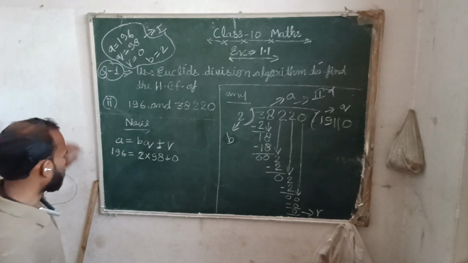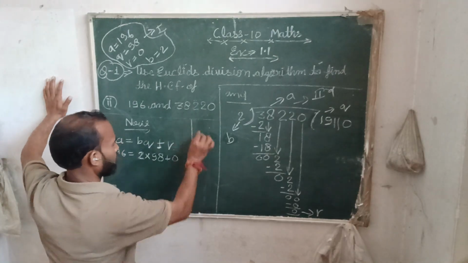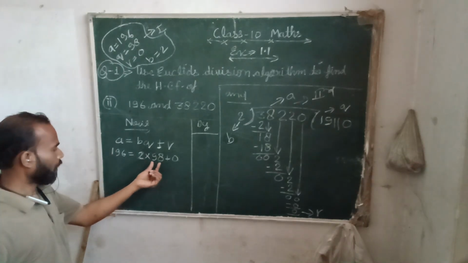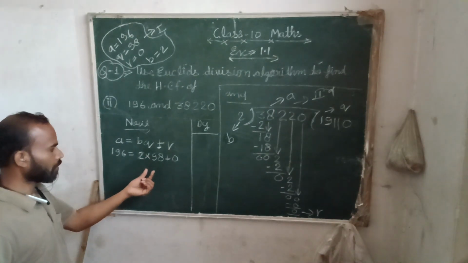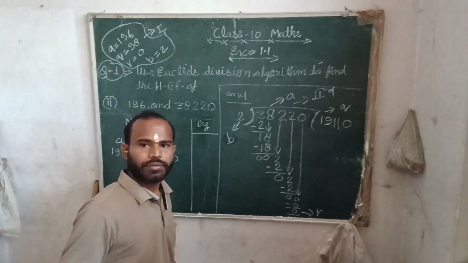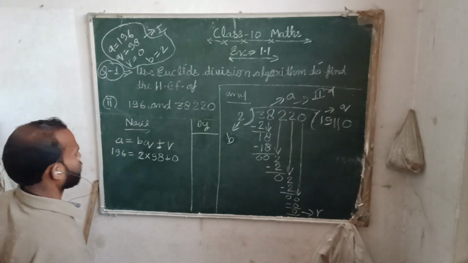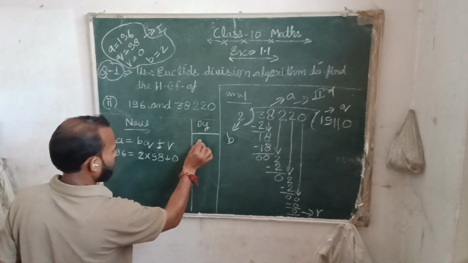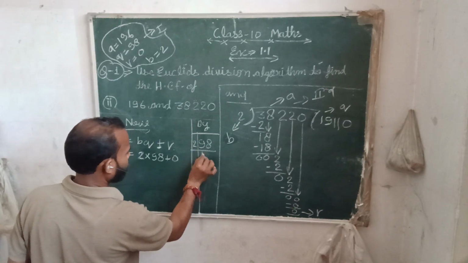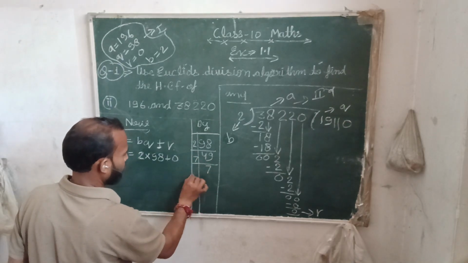So I do here: find the factors of 98 using LCM, both factorizations, and match pairs to find the HCF. Factors of 98: 2 fours are 8, remains 1, 2 nines are 18, 7 sevens are 49, 7 ones are 7.